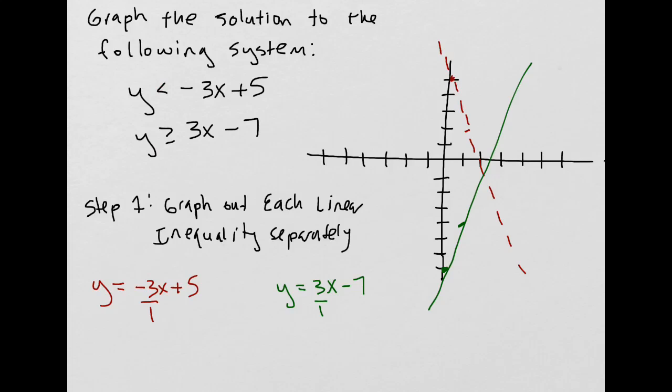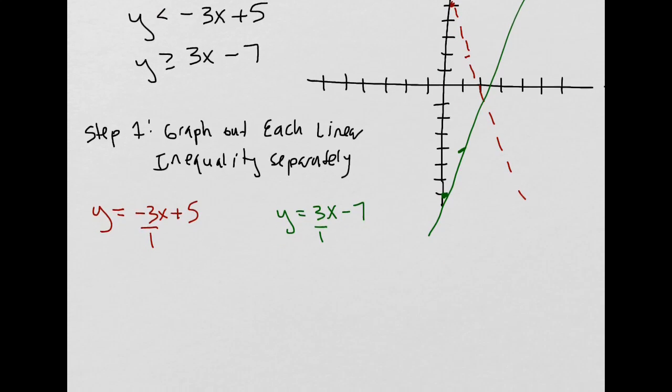Okay. Now, to find which side of each line I'm supposed to shade, this is where I pick a test point. One of the things to note is that 0, 0 is a point that's not on either the red or the green line. So I can use that as a test point like I did in the last video.